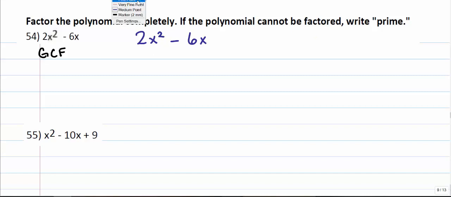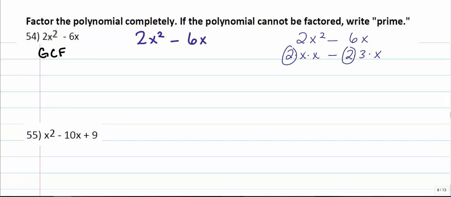When I was a student, our teacher would make us break it down into 2 times x minus 2 times 3 times x. Then we would circle, oh, they both have 2's and they both have x's. We would write that 2x as a common factor, and then write what we had left, which is x minus 3.